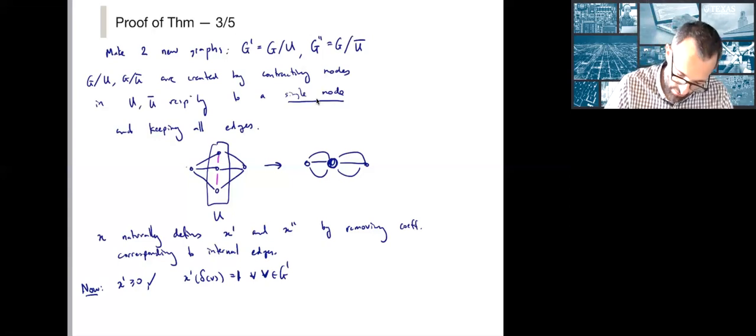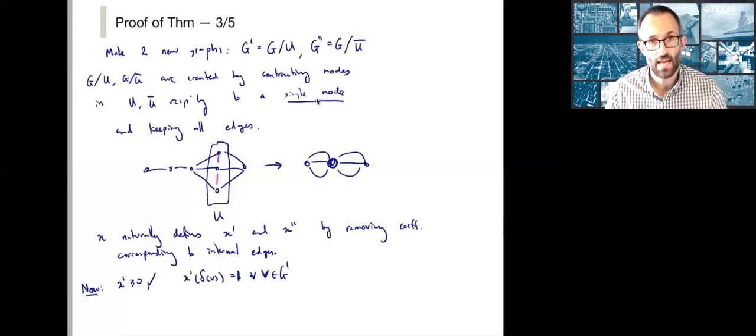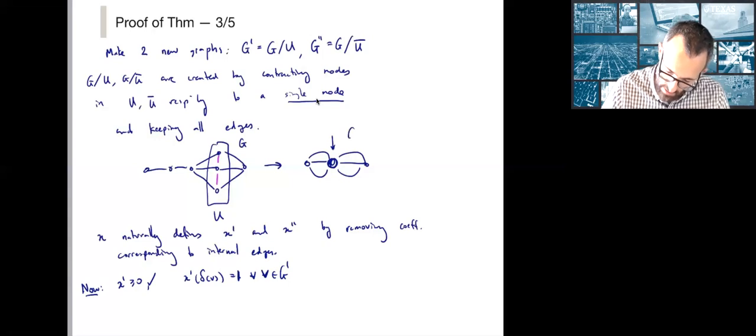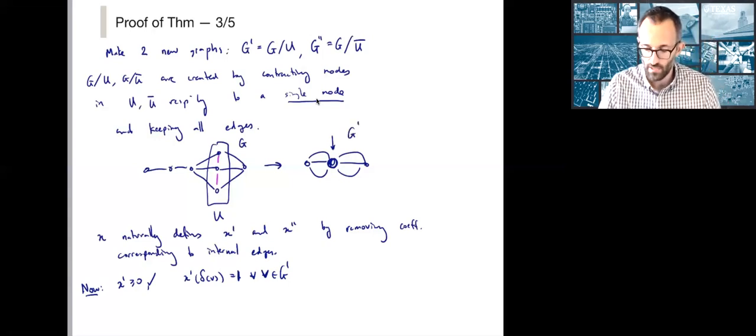Well, certainly for anything that wasn't collapsed, we didn't change anything. So that's certainly true. So if this is G, this is G dash, I only need to worry about the node that was collapsed. And what guarantees me that I have that? Well, you should think about this just for a second. I'll tell you the answer.